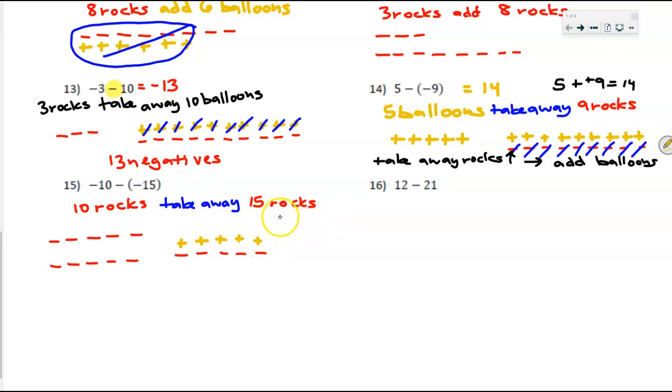No, I only had to draw enough so that I had 15 rocks. Do I now have those 15? There's these 10, and 11, 12, 13, 14, and 15. So 10 rocks, take away 15 rocks is equal to 5 balloons, or a positive 5.